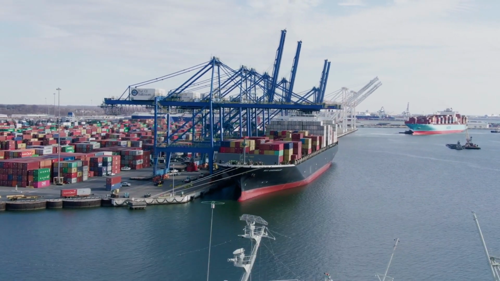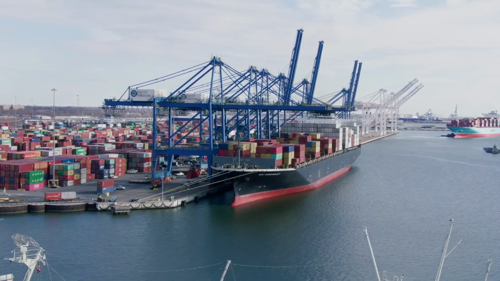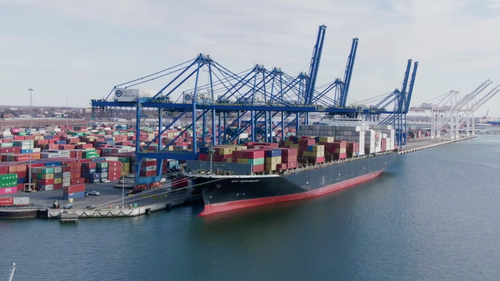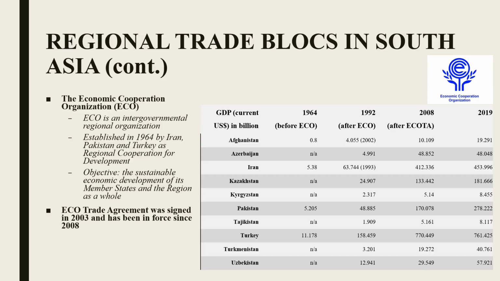The overall objective of the organization is the sustainable economic development of its member states and the region as a whole. The Economic Cooperation Organization Trade Agreement (ECOTA) was signed in 2003 and has been in force since 2008.